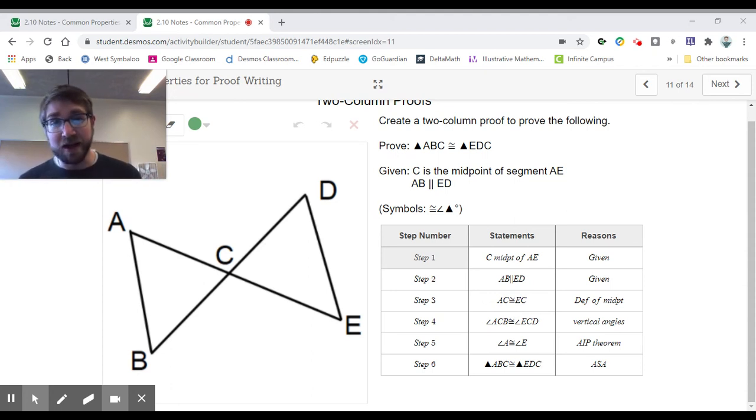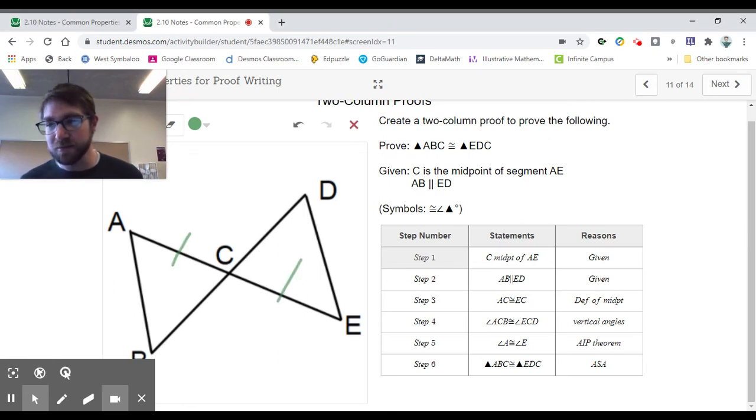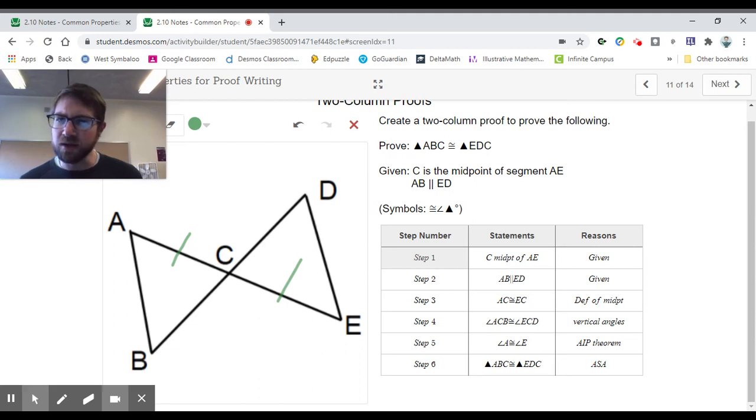For example, I could next say that because C is the midpoint of AE, then I know that AC is the same length as EC. That's a cool thing to know. After that, there's those vertical angles in the middle. We talked about those on our very first page together. I see those vertical angles. I'm going to mark them and write about it in my steps over here. And then I still haven't used the fact that AB is parallel to ED.